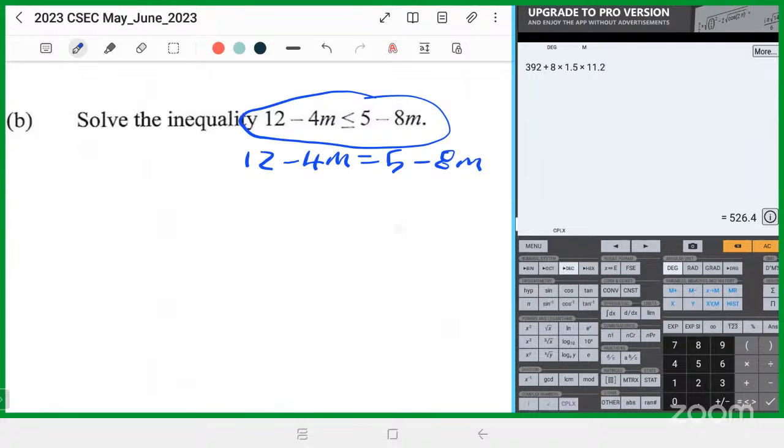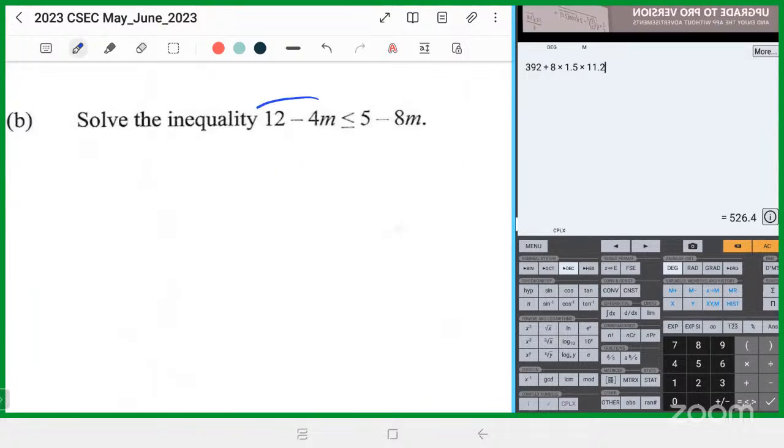It's basically transposing to make M the subject, grouping all the M on one side and everything else on the other side. You can decide to group the M on this side, or on that side. Your choice. Let's do both ways and see what happens.